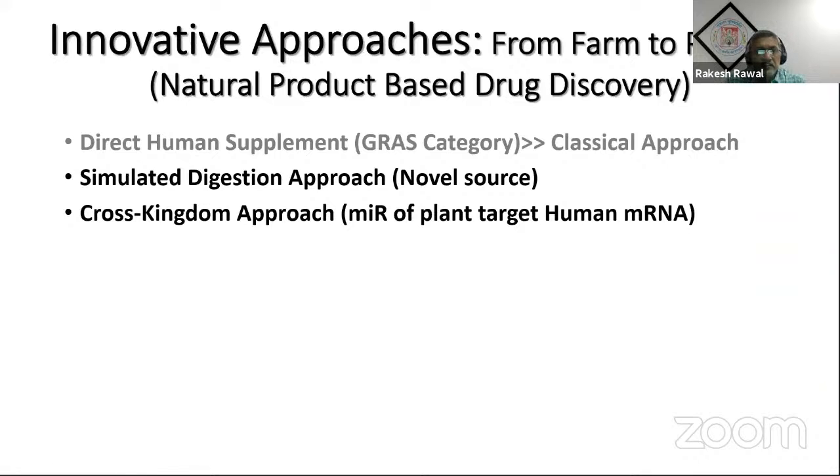But is there any other way out, right? So the classical approach is direct supplementation. So if someone says go and take ashwagandha, you can blindly go and take. You can take turmeric, right? Because all these are falling under the GRAS category, that is, generally recognized as safe.